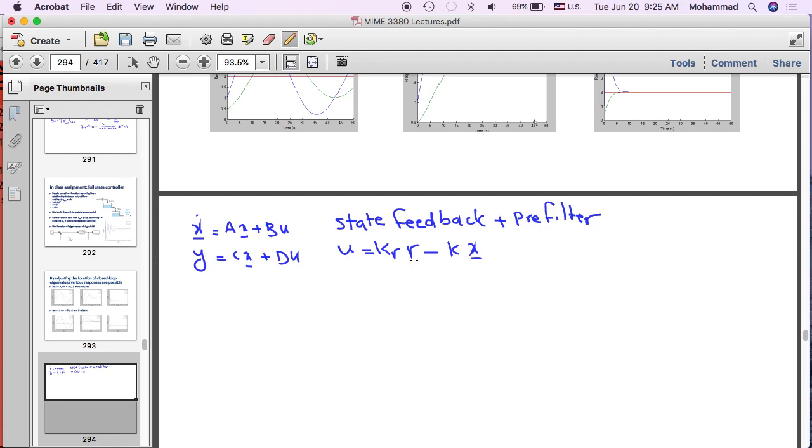K is a row vector and x is a column vector. So when they multiply, they become a scalar, so we can add it to the next scalar. Do you agree so far? You're okay? All right.